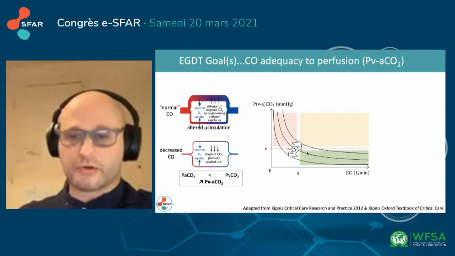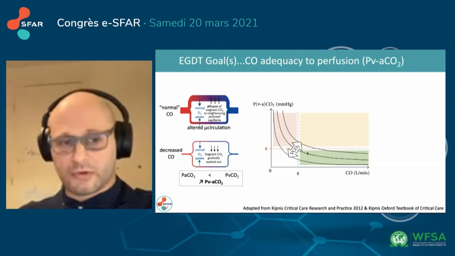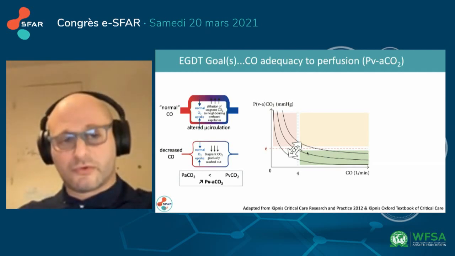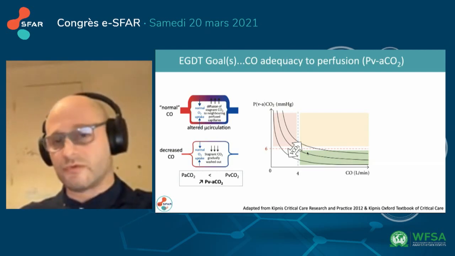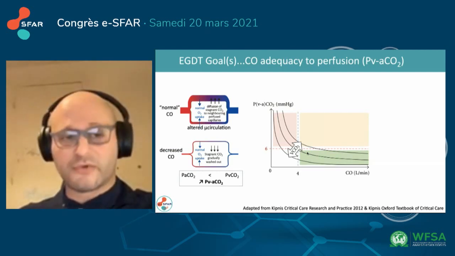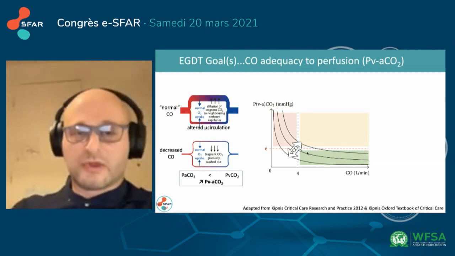Is there enough cardiac output to wash out CO2 from the tissues, either globally or locally, in different circulations, macrocirculation and also microcirculation? When the cardiac output is not sufficient, this gradient increases to over 6 millimeters of mercury.